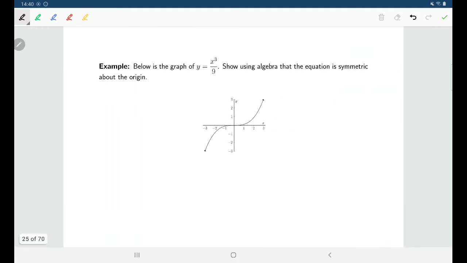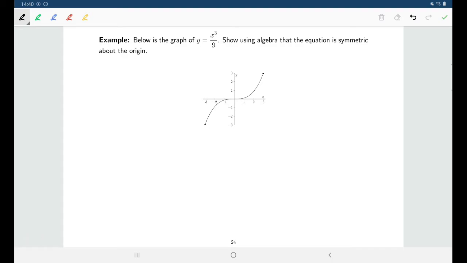So something like this, we have y equals x cubed over 9, and we want to show that it's symmetric about the origin using algebra. Visually, we can see it's symmetric around the origin. If we took this little piece here and reflected it in the y-axis, then reflected that in the x-axis, we would have that other part of our graph.